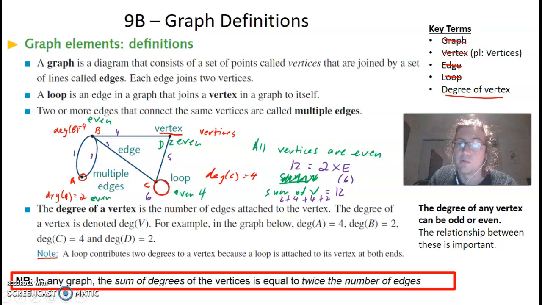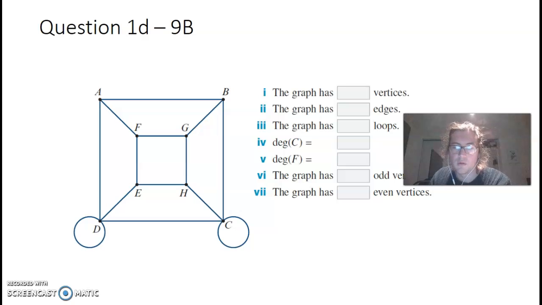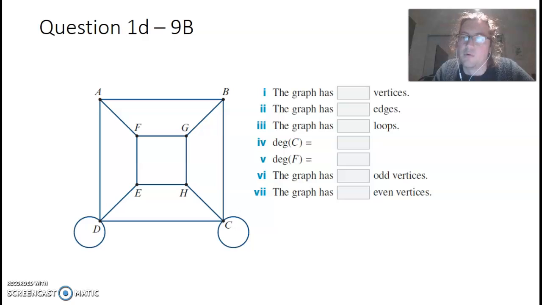So you now need to write some notes. It's really important to write down some notes for this topic because there's lots of definitions that you need to understand, and then you have to do questions like this in your textbook.